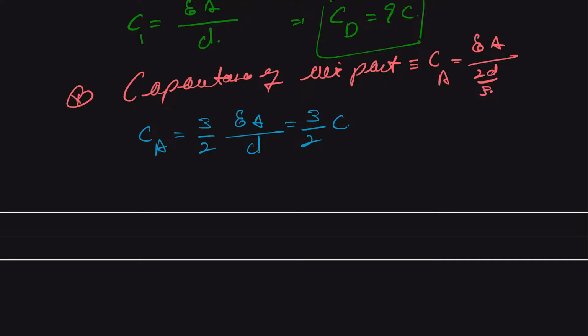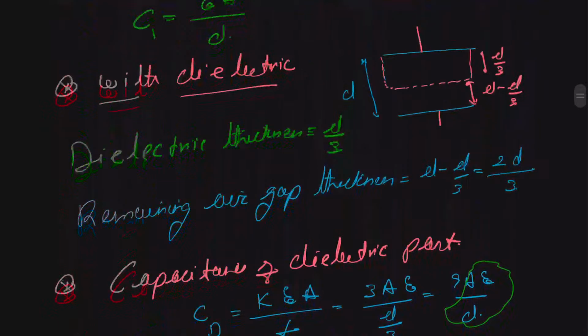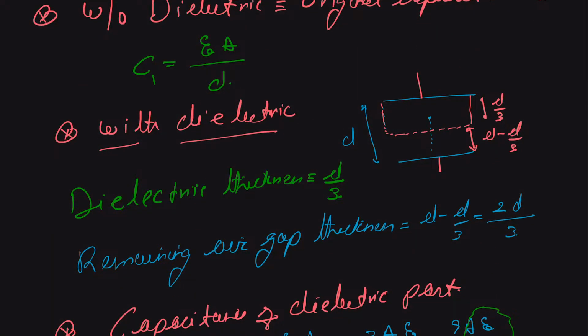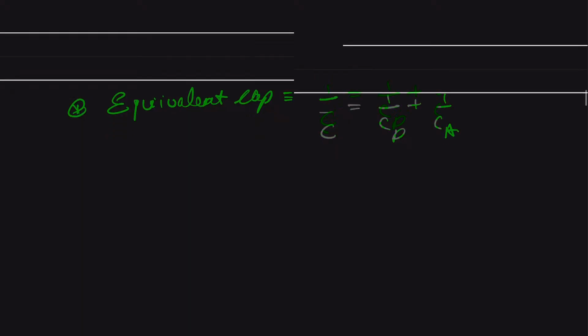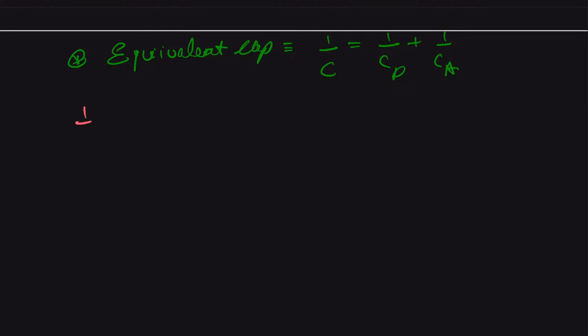And now we find the equivalent capacitance, and these both are in series combination, one after the other. Therefore, the equivalent capacitance: 1 upon C equivalent is equal to 1 upon capacitance of dielectric plus 1 upon air, and we simply substitute the values. 1 upon C equivalent will be equal to 1 upon 9C plus 1 upon 3C by 2.